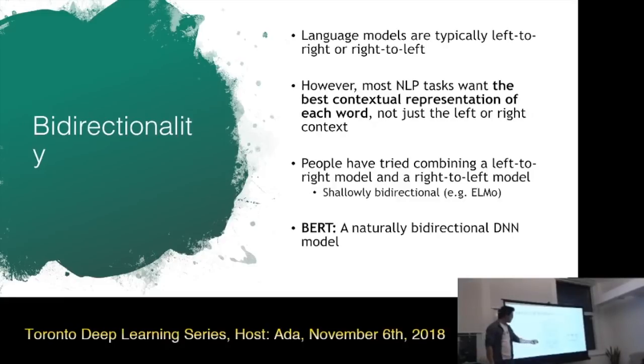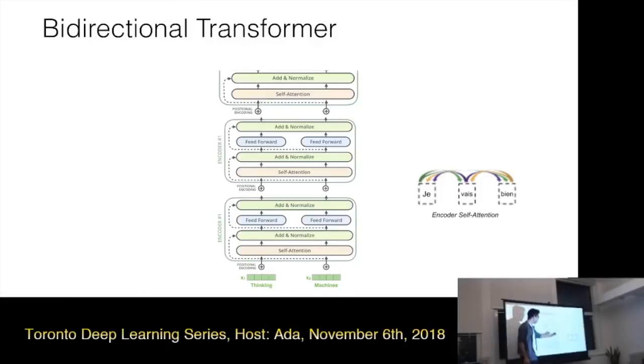There you have the encoder self-attention. In the sense, it's bidirectional, and it can learn relationships with all of the words in the sentence. And what BERT is, in essence, is that you take the transformer block, which has the encoder self-attention, which is bidirectional, you feed words through it, and then you just keep going.